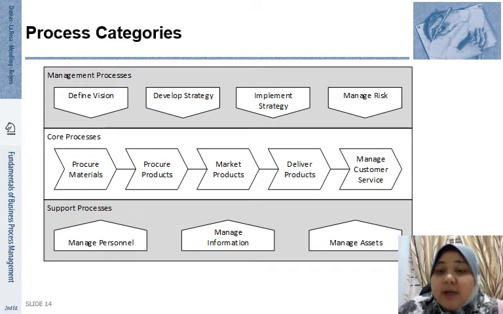So sama juga dalam bidang kita ni. So basically the categories we have 3 types of categories for cabang dia: management processes, core processes and support processes. So these are the categories. Dalam dia tu kita ada for management processes, we have what are the vision, develop the strategy, how to implement the strategy, and how to manage risk.